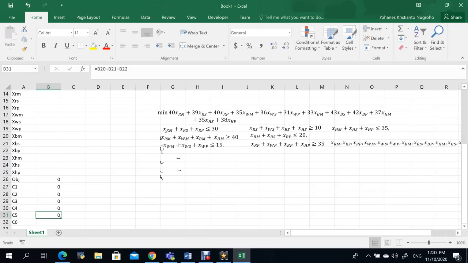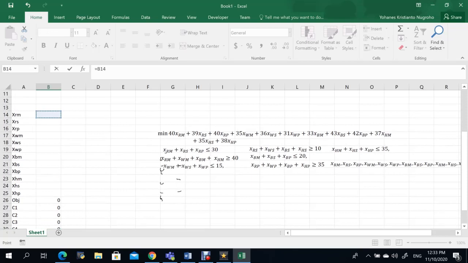Right? So now we have the demand constraint, it is constraint number 5. It is for demand constraint that XRM plus XWM plus PM plus HM, right?